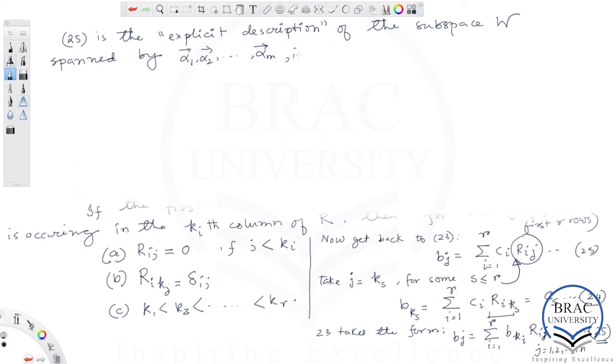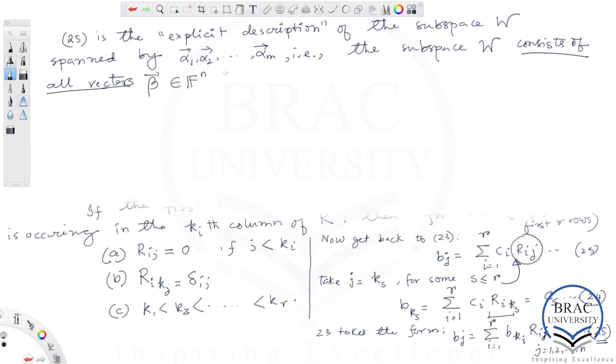Let me explain. The subspace W consists of all vectors beta in F to the n whose coordinates, remember that beta was this n-tuple b1, b2, all the way up to bn, relative to the basis B that we described earlier.